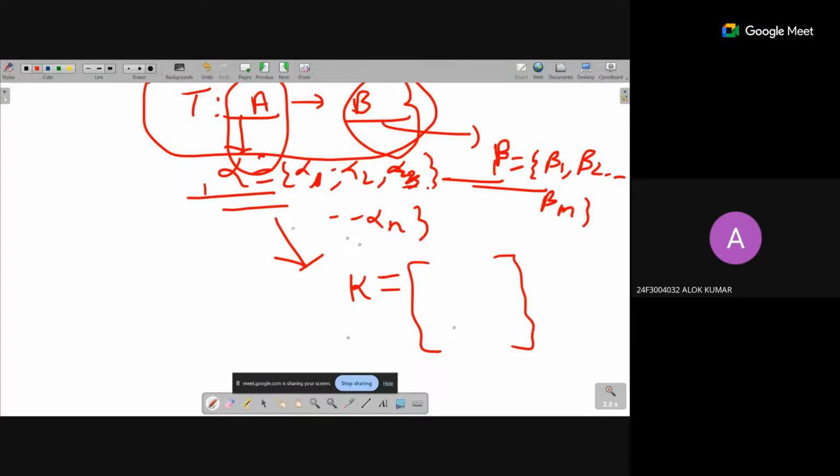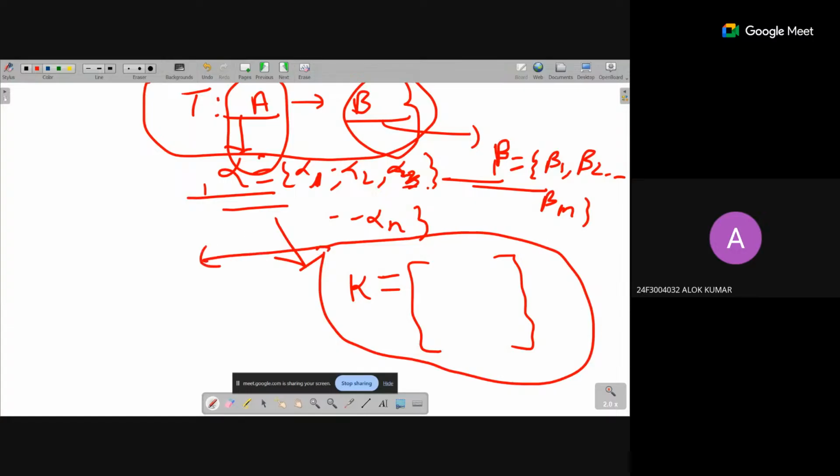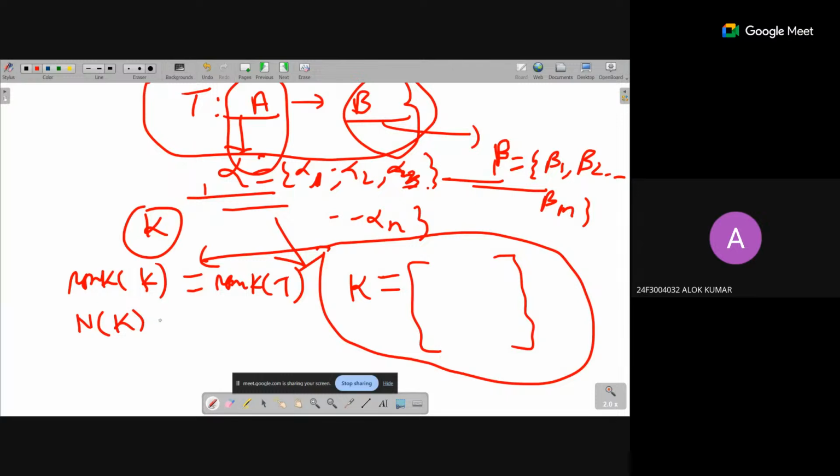I'm assuming that I can write it somehow. If we are given a matrix, I can easily compute its rank and its nullity or null space. So the rank of this matrix K will be the rank of T, and the nullity of this matrix K will be the nullity of T.